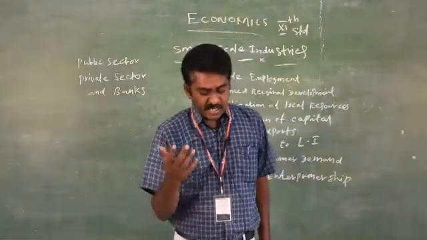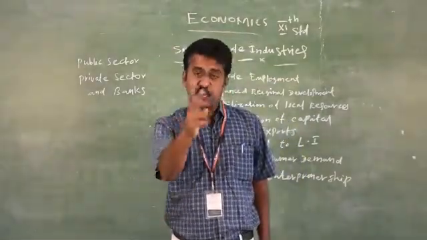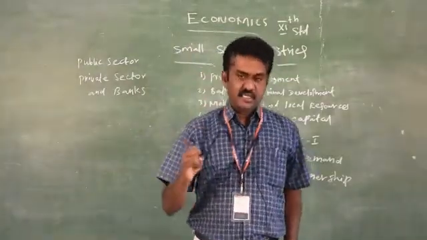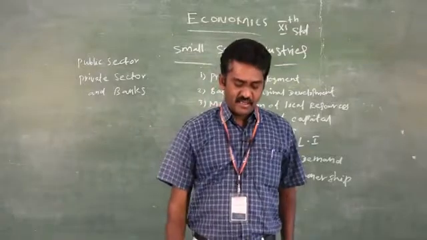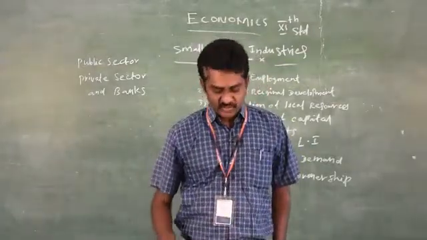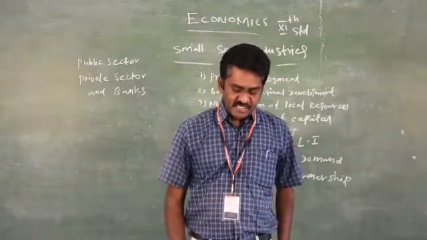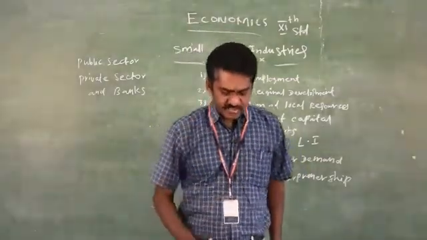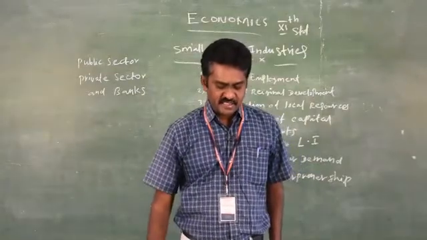And public sector banks are classified into two categories. One, nationalized banks. Second one, State Bank and its associates. In the case of nationalized banks, the government controls and regulates the functioning of the banking system.